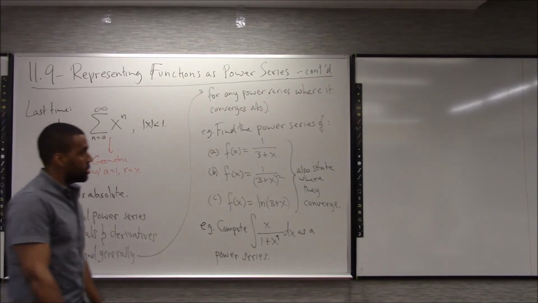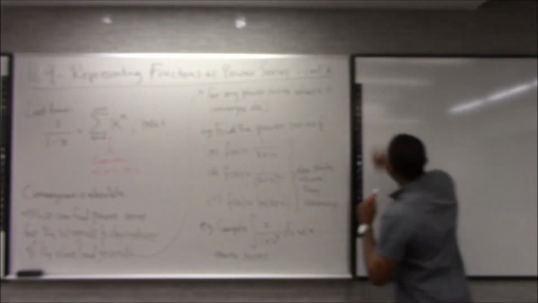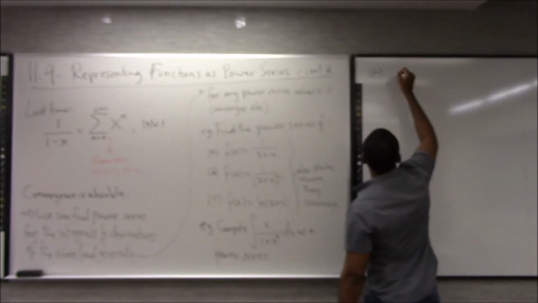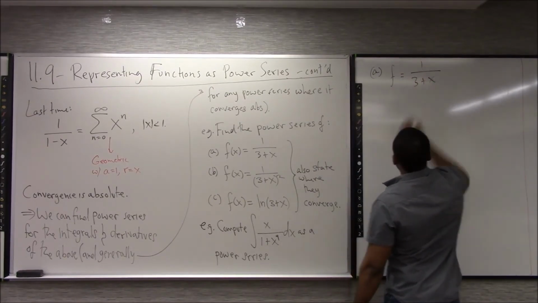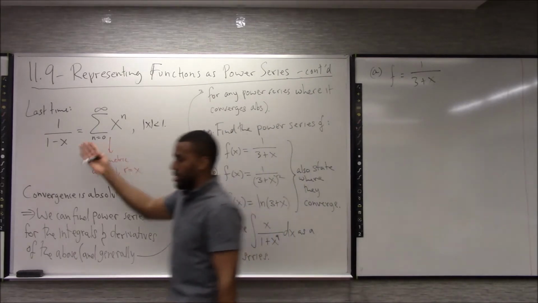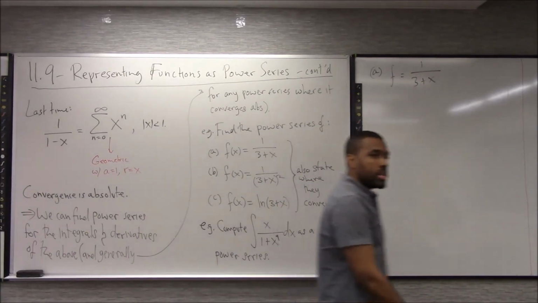So let's see how we would do that for 1 over 3 plus x. How can you make it look as much as possible as 1 over 1 minus x? I want it to look like 1 over 1 minus something.